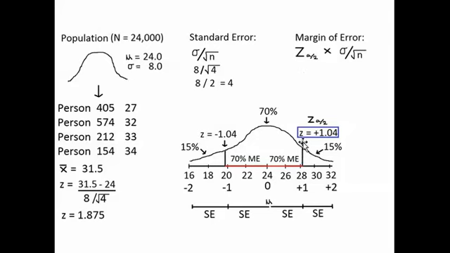So what I'm showing you right here is that the confidence coefficient is really just the z-score at the upper end of the middle area of the sampling distribution. And since we're calculating the 70% margin of error, the middle area that we're dealing with is the middle 70%.